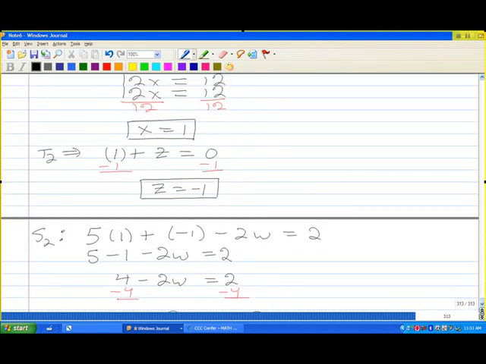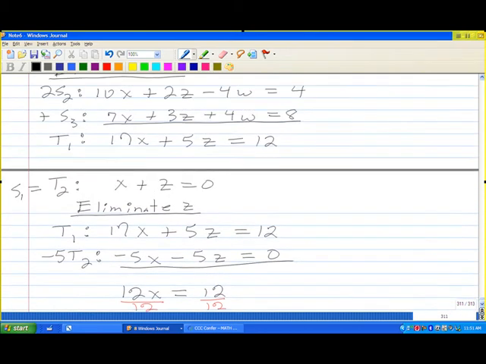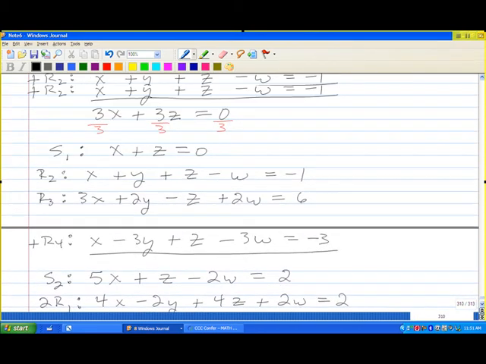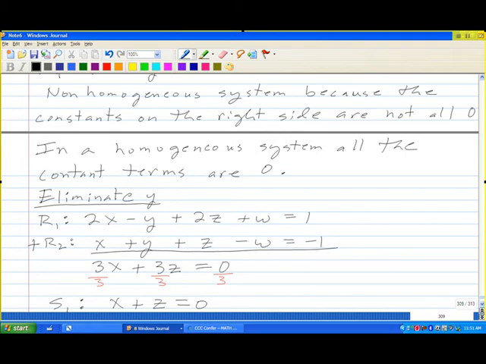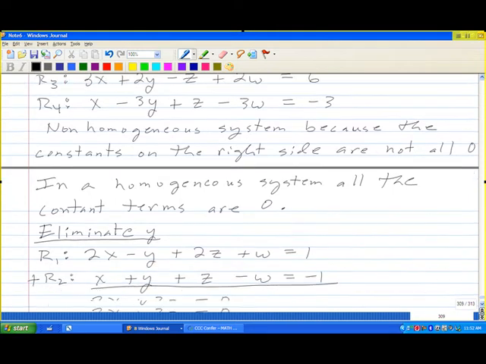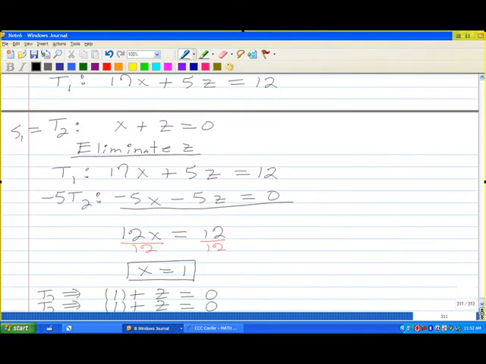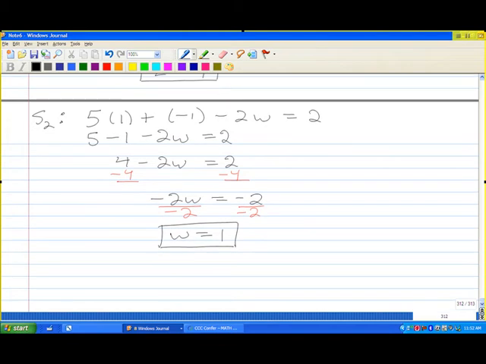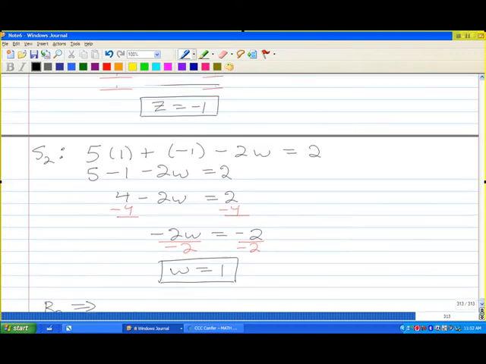So I have x, z, w. I need y. Let's go for y. Let's do R2. So I have x, which is 1.